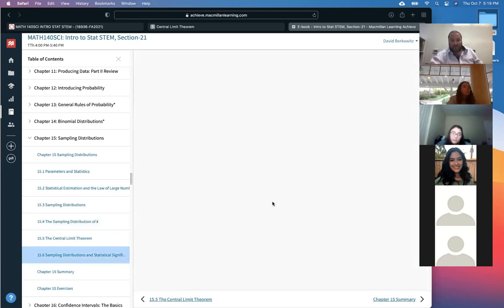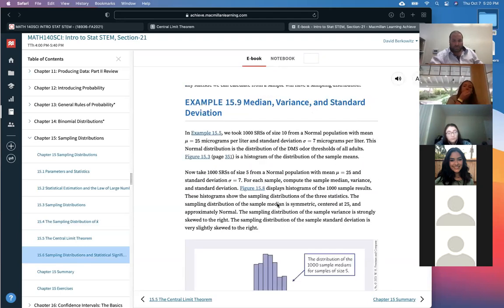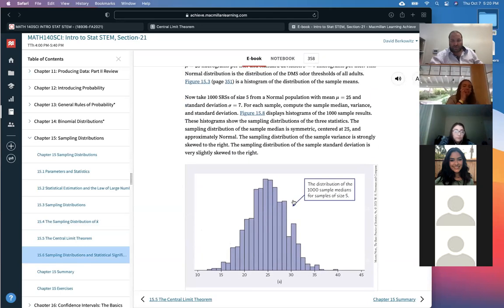In our example in section 15.6, on the other hand, we have the same situation. These are samples of size 5, not samples of size 10. And we didn't actually graph the mean, we graphed the medians. So we took 5 at a time, computed the median, and we did that 1,000 times.